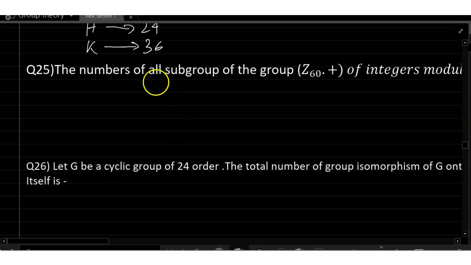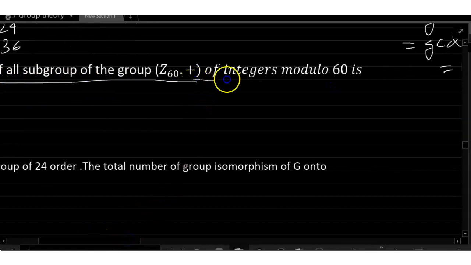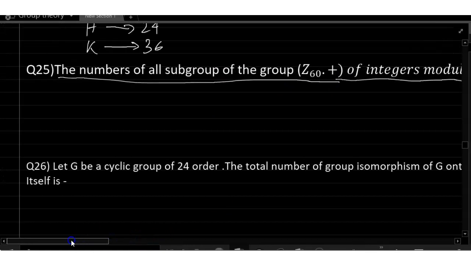So the number of all subgroups of the group Z60 under addition modulo 60 is what you have to find out. 60 is 2 square into 3 into 5.